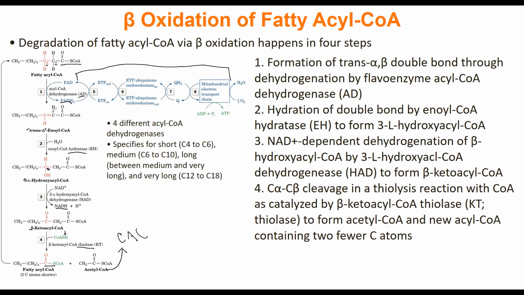So we are removing 2 carbons at a time in one round, but we always end with fatty acyl coenzyme A. And the atoms that really matter here are alpha and beta. So we form a double bond between the alpha and beta. We add an OH on the beta, C double bond O to the beta, then cut away the bond between the alpha and beta and replace it with a coenzyme A. And that is beta oxidation.